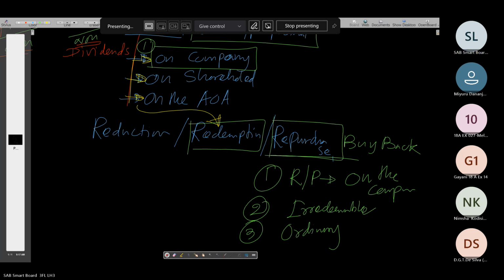Redemption or repurchase amounts to reduction. So actually, reduction we can divide into two: redemption or repurchase.